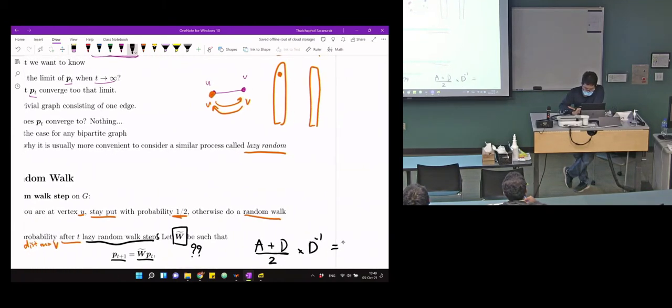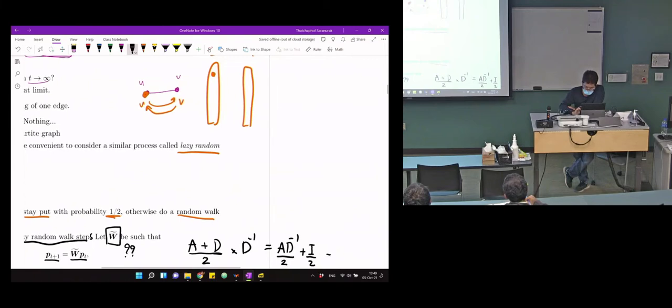So this is basically A D inverse over 2 plus I over 2. And this is basically W over 2 plus I over 2.